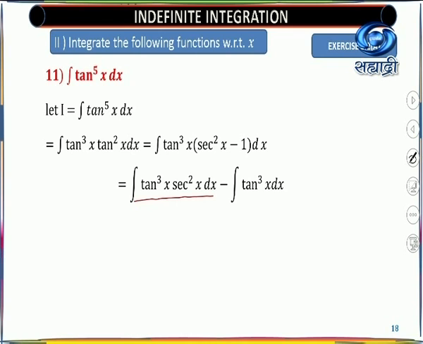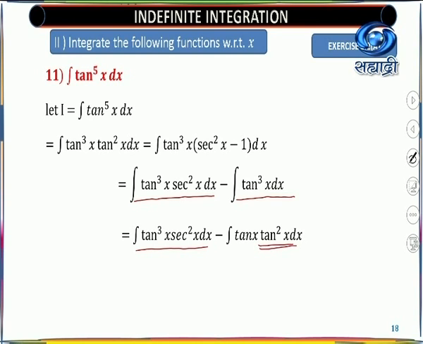So as it is, I will write this example here itself. You will get this term as it is, tan cube x sec square x dx. But here is the splitting. Tan cube x is tan x into tan square x dx. As usual, you need to substitute the value for tan square x. So the next step will be this term as it is.